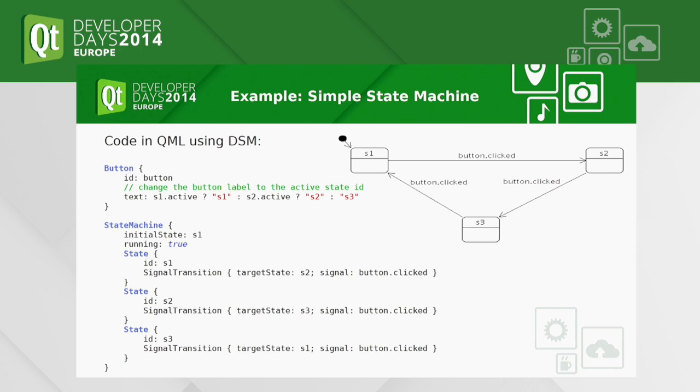You use a StateMachine node, assign the initial state, say that it is running by default, and add the substates of this machine right away. So you say State, give it an ID, and also add transitions to it, and say where the transitions should go and which state they should activate. I hope that's clear so far.